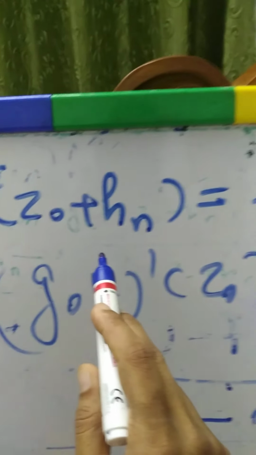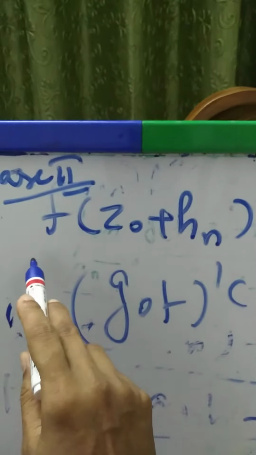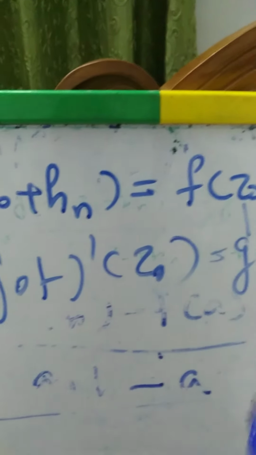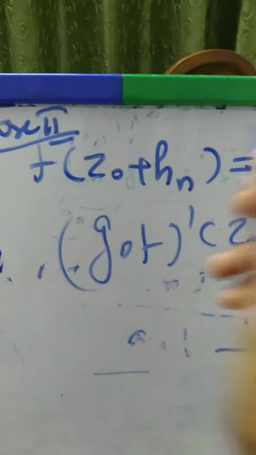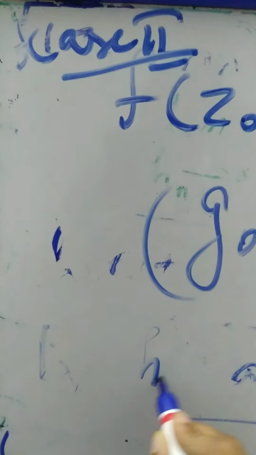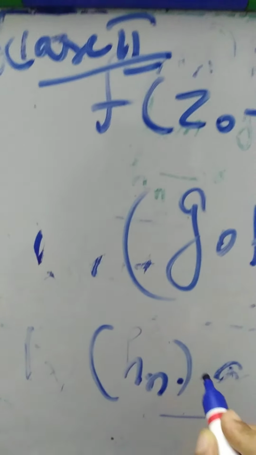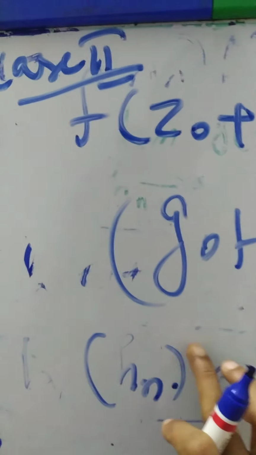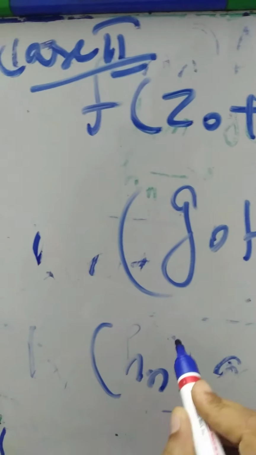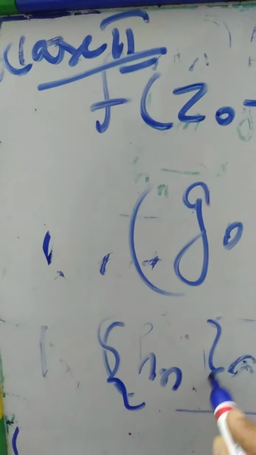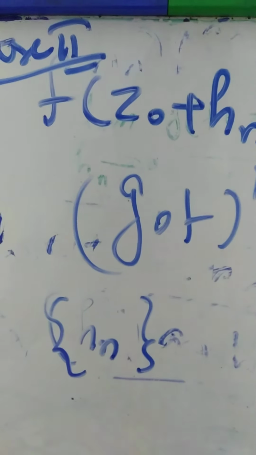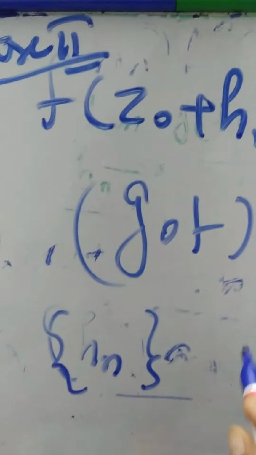So here you keep in mind that f(z naught + h_n) may equal f(z naught). In this case you need to split your sequence h_n, writing it as the union of two sequences. Here we take this symbol; in Conway, the symbol used for denoting a sequence is like this, curly bracket.